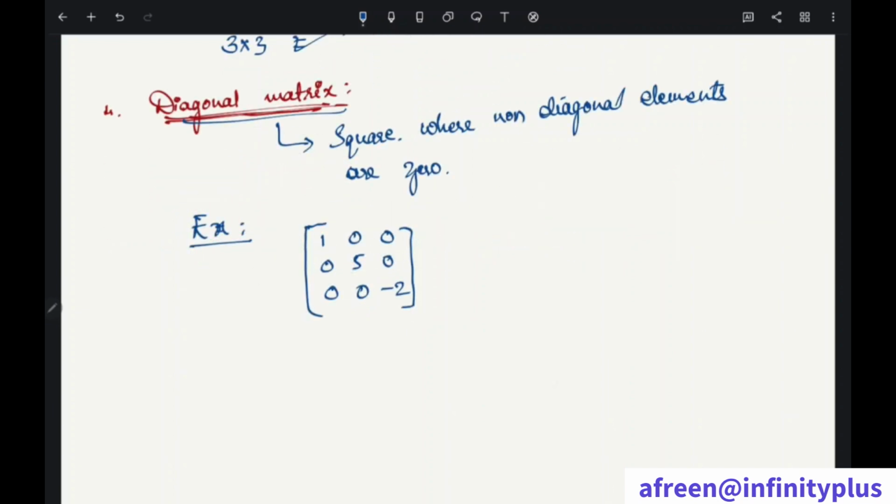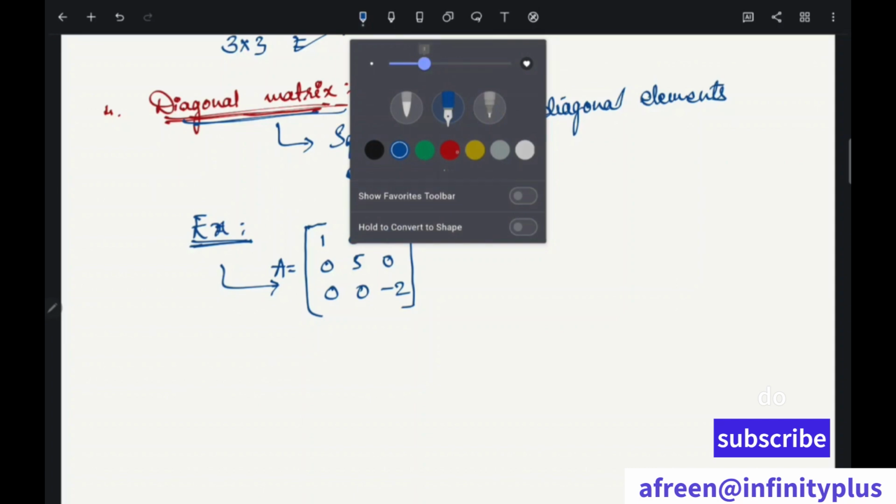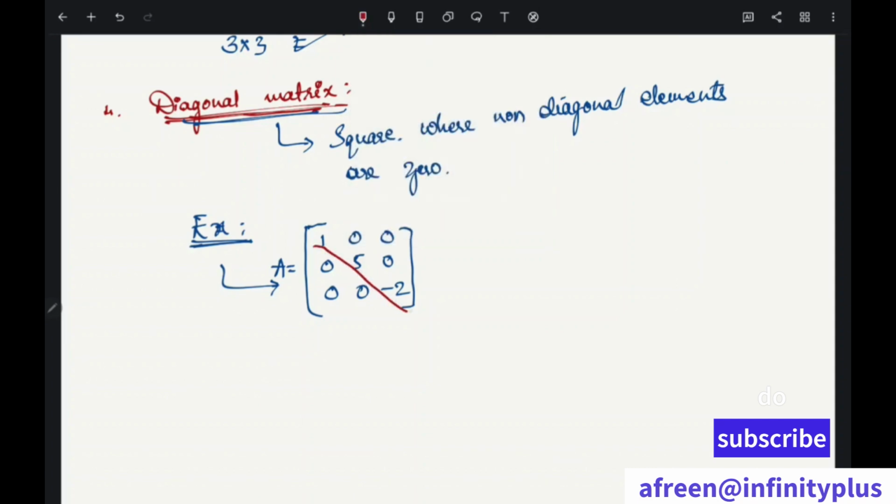Let's understand this diagonal matrix with an example. I have taken A is equal to 1 0 0, 0 5 0 and 0 0 minus 2. You can observe one thing in this matrix, that these diagonal elements are not equal to 0, and apart from the diagonal elements, whatever elements you have are equal to 0. Such a matrix is referred to as a diagonal matrix.